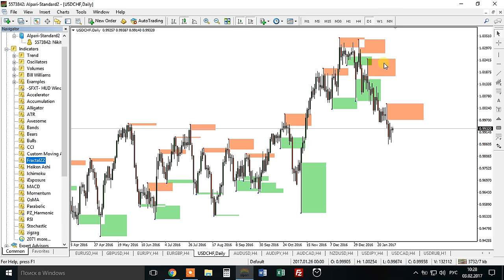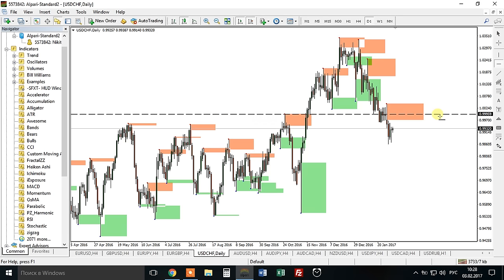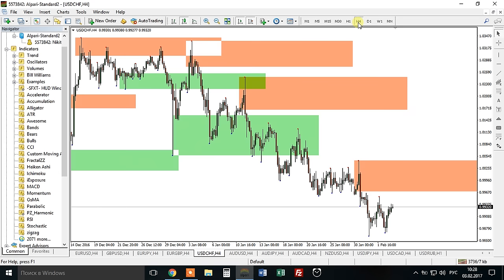Just run it, set your higher time frame, and it will show you major support and resistance levels. So when we have the 0 even number, let it be here, you see those zones coincide. If you switch to the 4-hour time frame, the zones stay on your time frame.